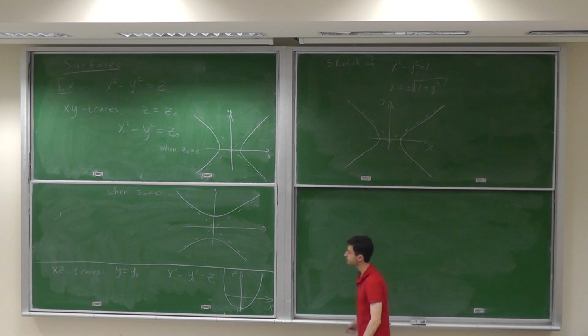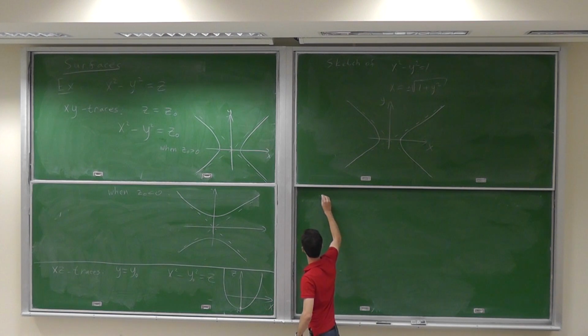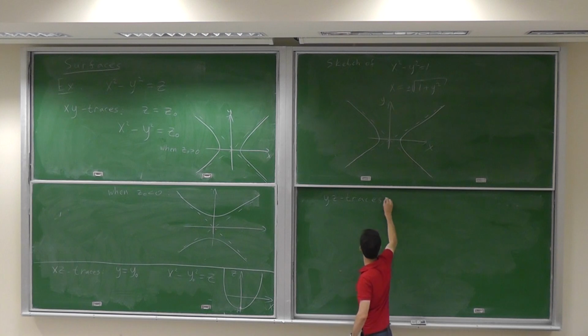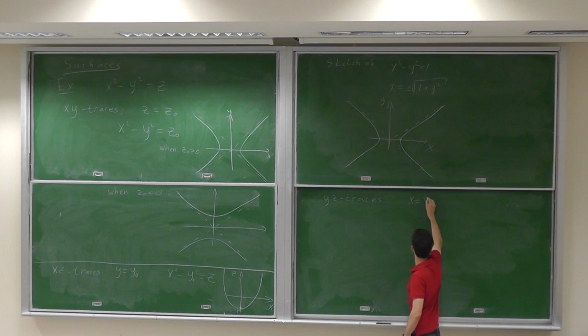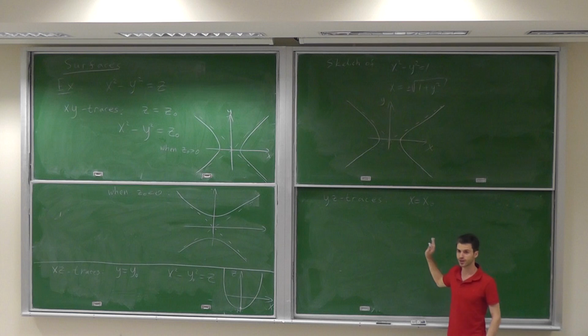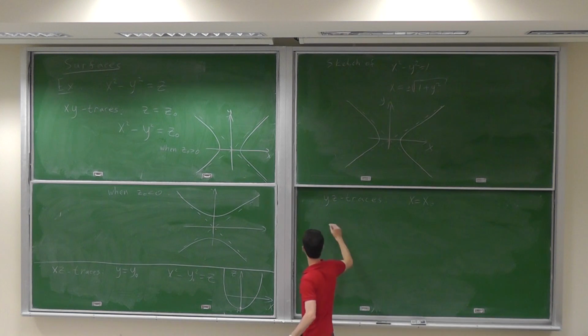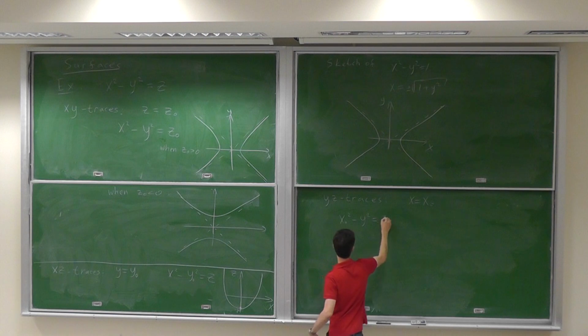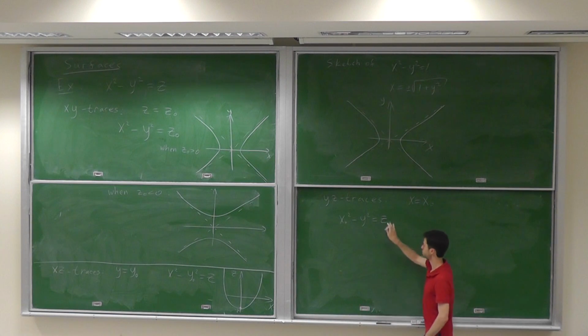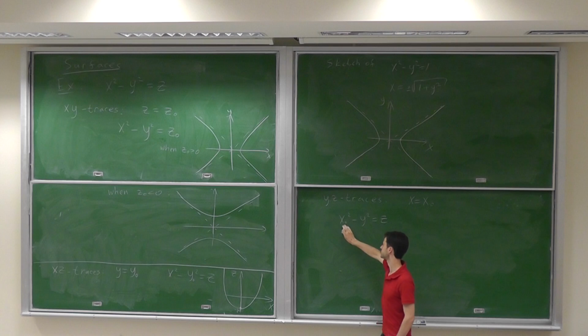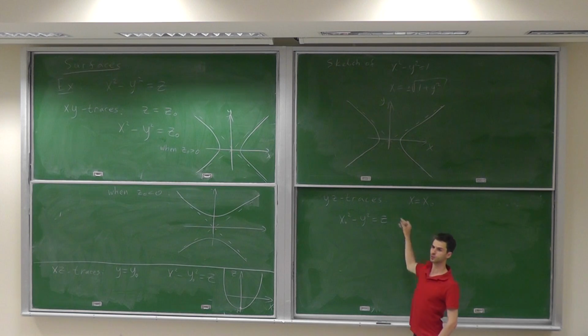Okay, and let's talk about xy traces, yz traces. We fix x to be some number x naught, and we see such an equation: x naught squared minus y squared is equal to z. Now z is some number, or some number squared, minus y squared.